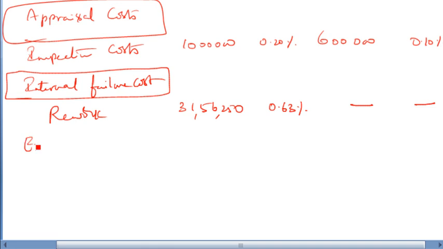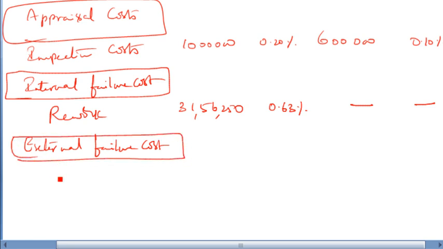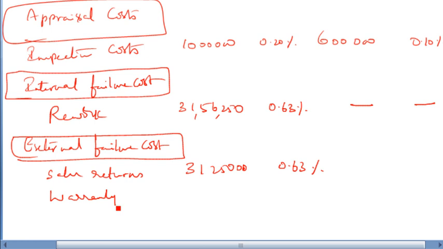Next, you have something called external failure cost. So earlier external failure cost had two items, one is sales returns. Earlier the sales returns were 31 lakh 25,000, which we have already calculated, which comes around 0.63% of sales again. Then you have something called warranty claims. Even the warranty claims were 30 lakhs earlier, which was around 0.60% of sales, which we have calculated. But now the sales returns are nil.